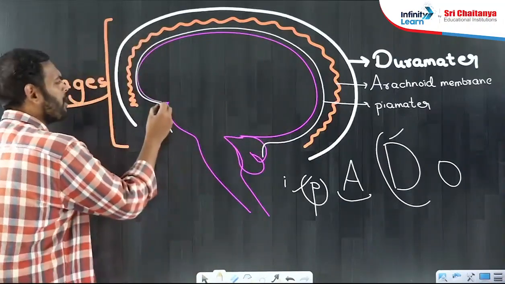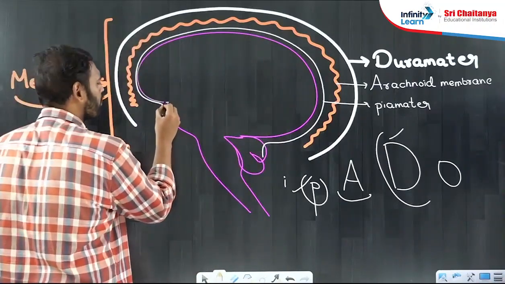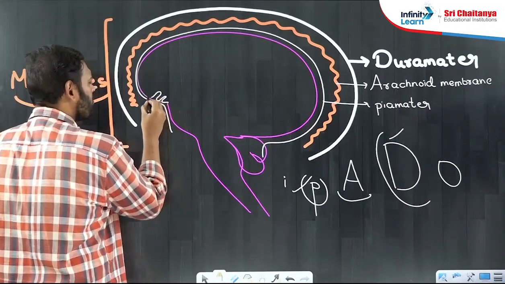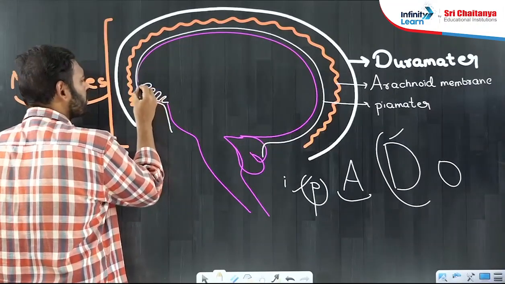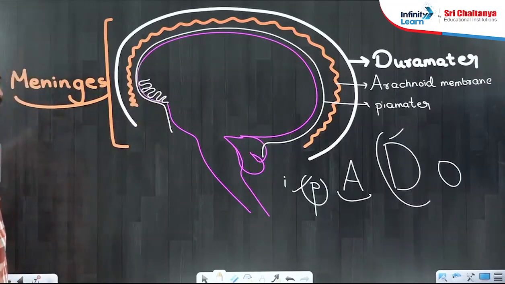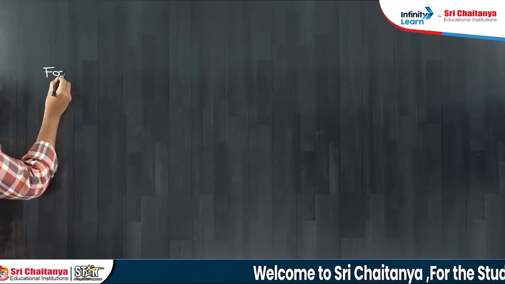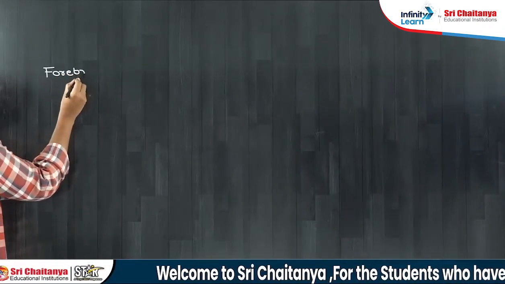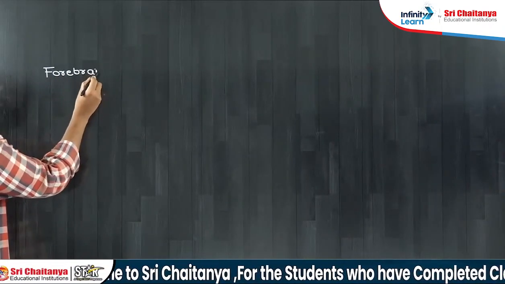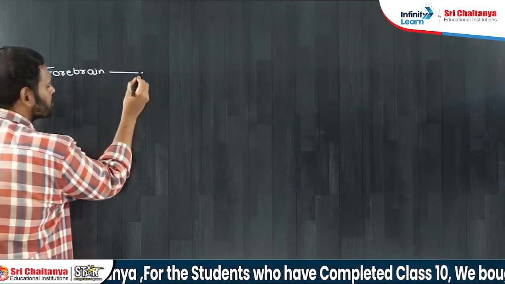And the visible part of the brain, what you see, has many folds. That is the forebrain. Guys, the forebrain is actually the visible part of your brain, which looks pinkish gray in color, and the forebrain has two components.